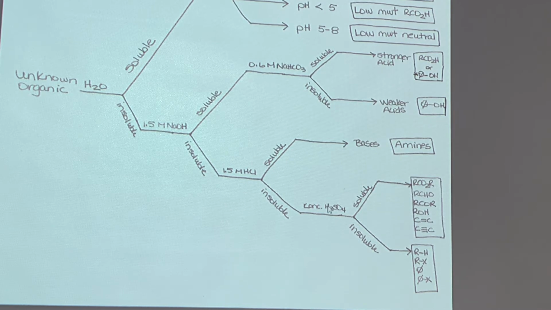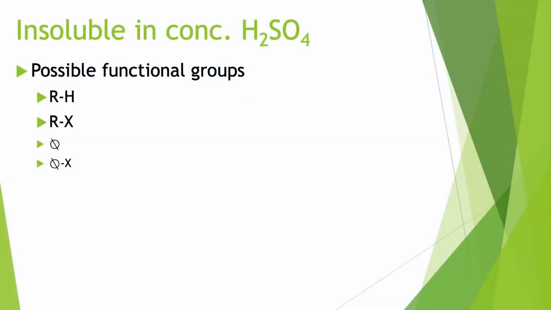When you're looking at insolubility in sulfuric acid, if it's a liquid, certainly you're looking at two different layers. And it's not unusual for the solution to turn a little bit yellow. That's kind of normal. If it's insoluble, then I'm looking at alkanes, alkyl halides, just a benzene ring, or a halogenated benzene ring.